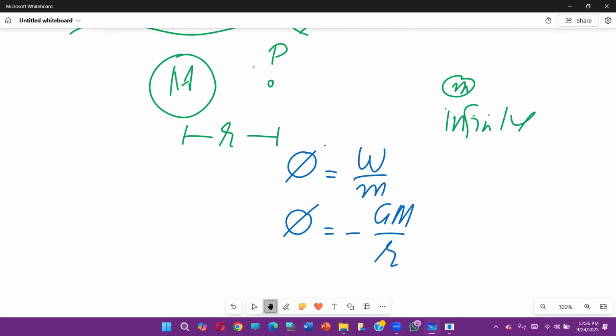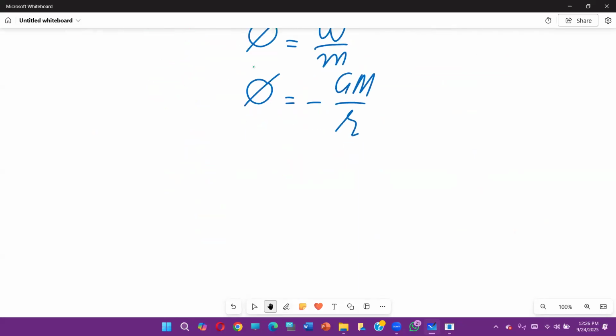Its derivation is not important, so I'm not going after it. Why is there a negative sign? It is a very important question. Why is gravitational potential always negative? It's a scalar quantity, and when you're moving towards the center of the earth, the work done gradually decreases.